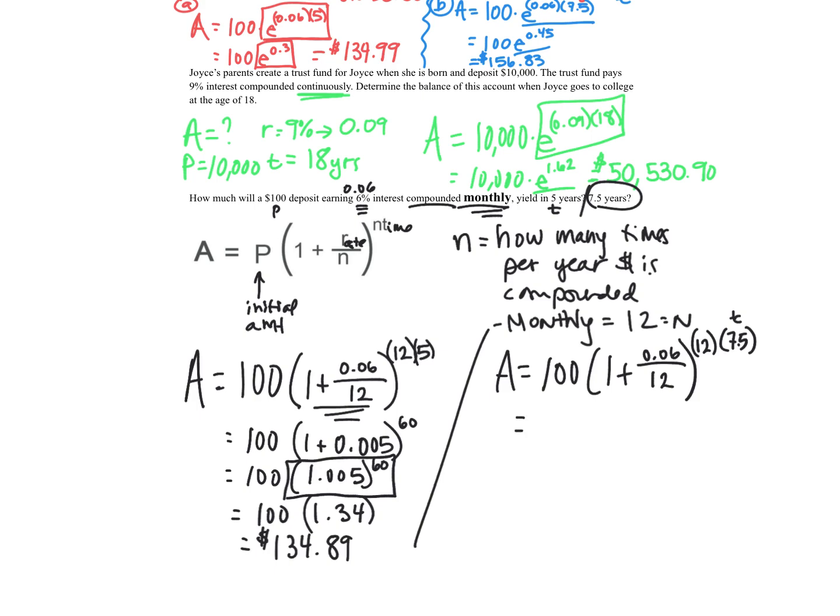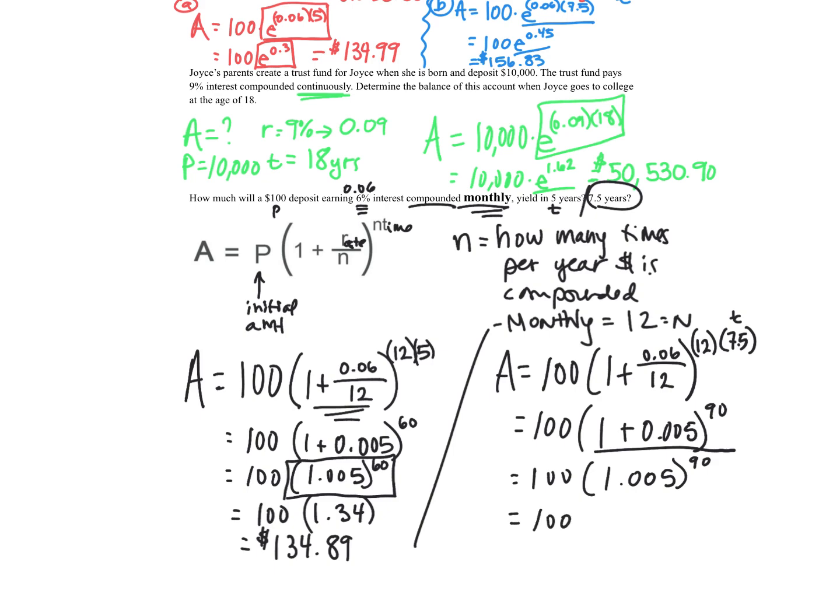Okay, so again, be really careful. Leave the 100 there. We know 0.06 divided by 12 is 0.005. 12 times 7.5 is 90. We're going to do this part first. So 1.005 to the 90th power.